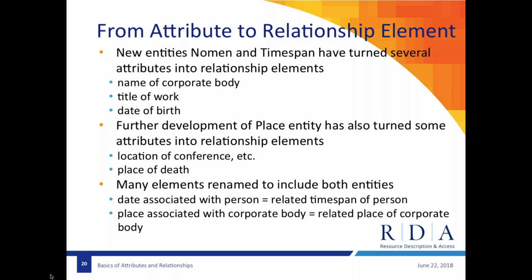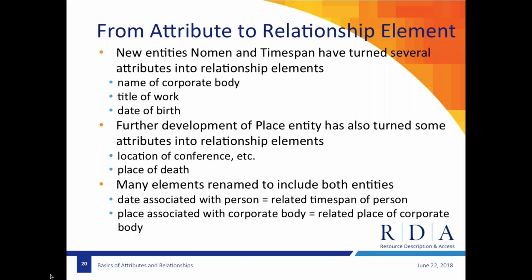We also took some elements that were in the current original toolkit as attributes and renamed them so things would be more clear. So date associated with person, if you think about it for a little while, you could probably realize, okay, date, it's not the fruit nutty thing, and it's not like I'm going out on a date, it's having to deal with time date, so it must be the time span entity.